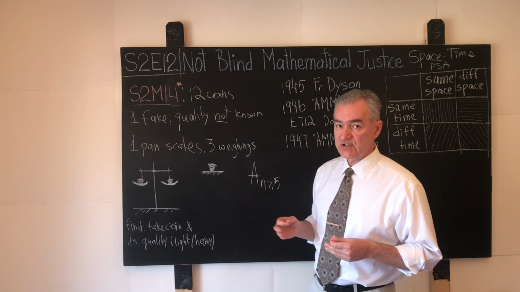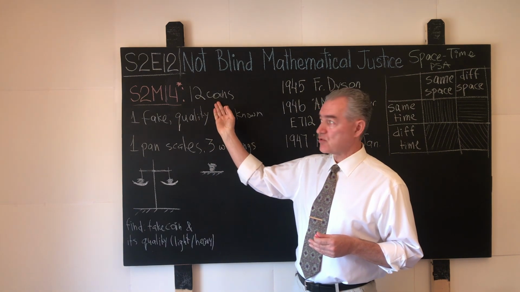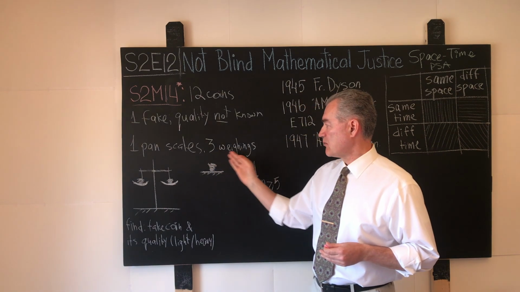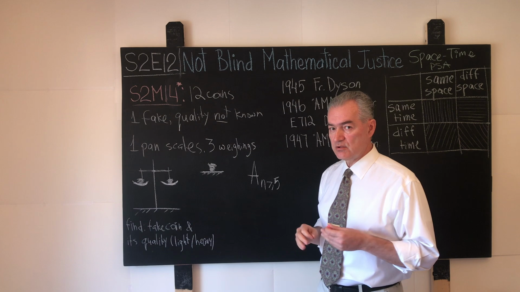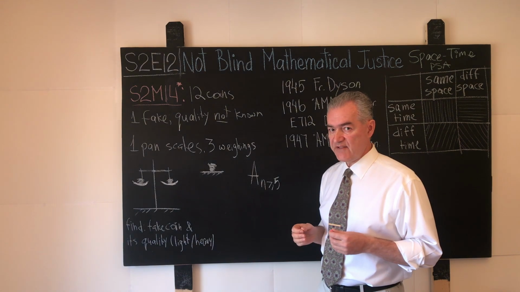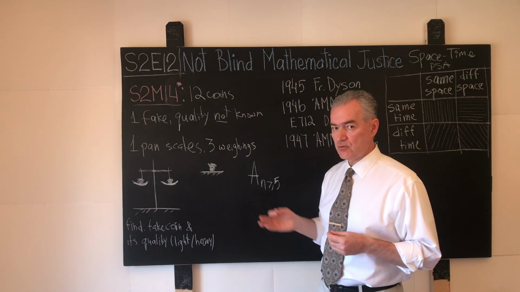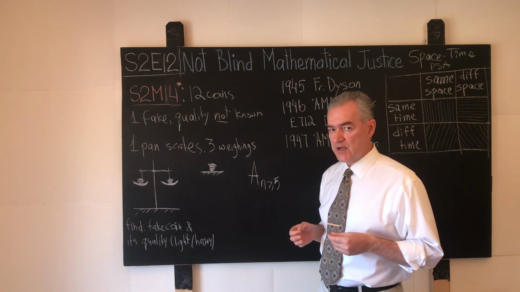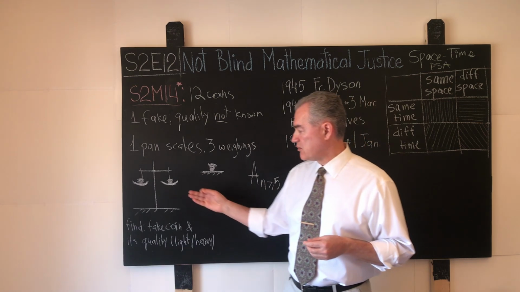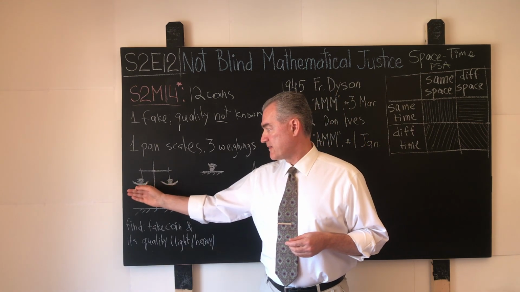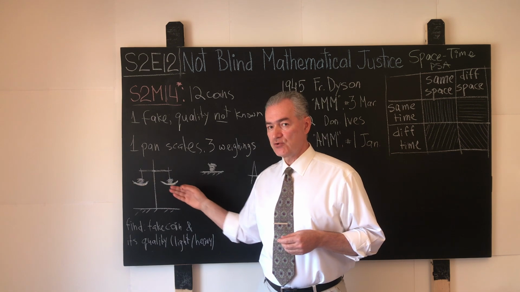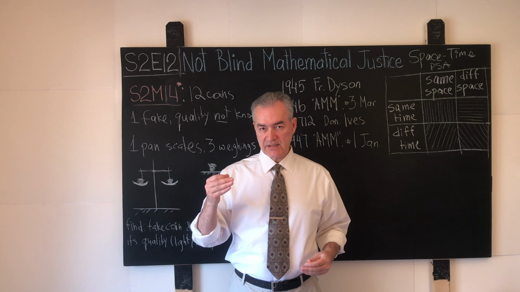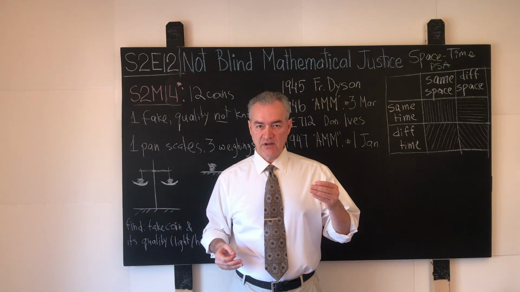All we have to do is understand the notion of 12 for the number of coins, 2 for the number of pence, 3 for the number of weighings, and about the only other more or less advanced concept that we need to understand in order to solve the problem is what is called in grown-up mathematics the order relation, or we need to be able to understand that a comparison of two entities can happen, and the result of this comparison could be less than, equal to, or greater than.